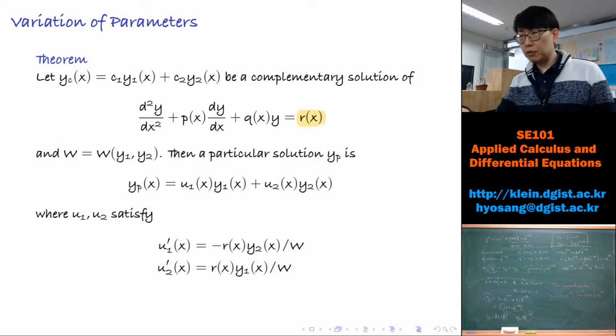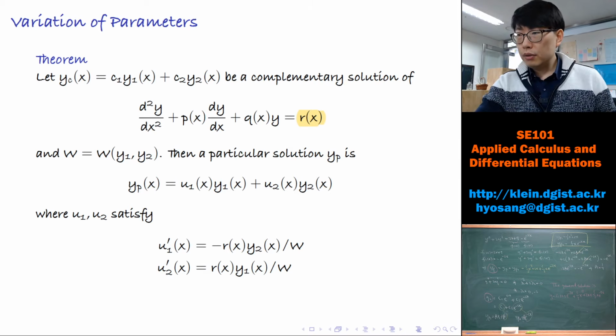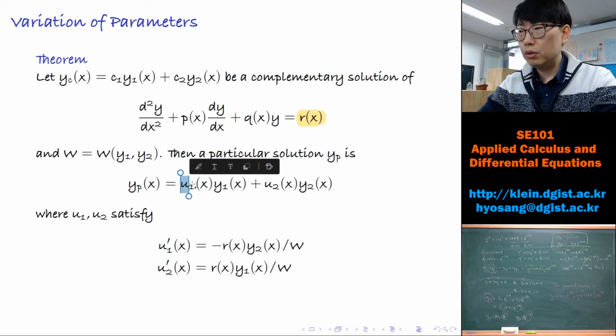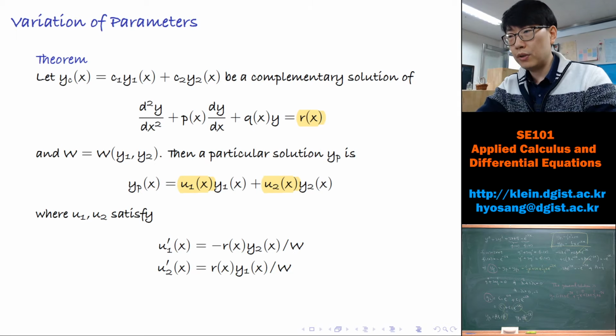The conclusion is, if you want to find a particular solution of this non-homogeneous differential equation, you can take u1 and u2 right here, multiply with y1 and y2, and this form can be a particular solution to this differential equation if u1 prime is given by this formula and u2 prime is given by this formula. It might be confusing where u1 prime has a negative on the first line and there's no negative on the second line.